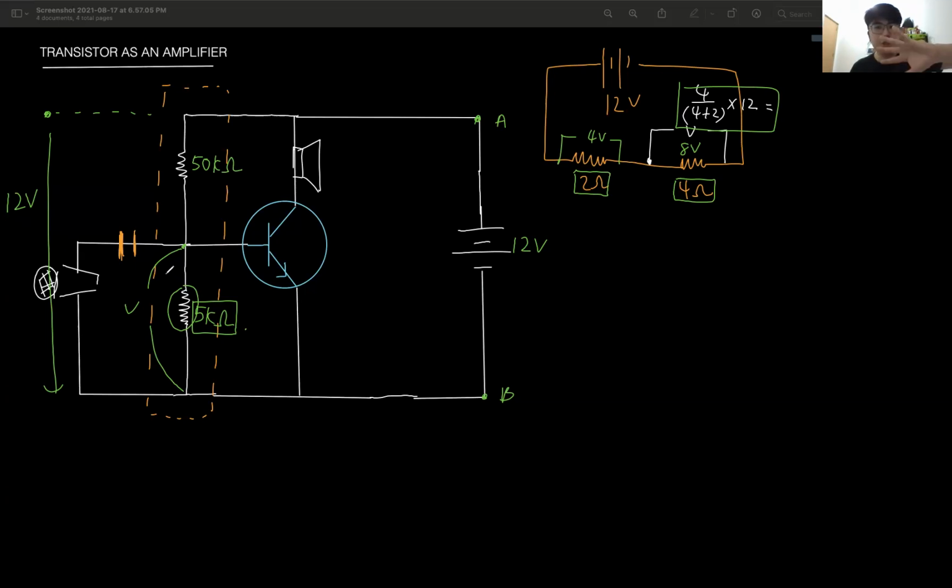It gets more share of the voltage, the potential difference becomes larger, and then the current will be greater in the base circuit. If the current in the base circuit increases, then the current in the collector will also increase. So this is one typical connection of the amplifier.